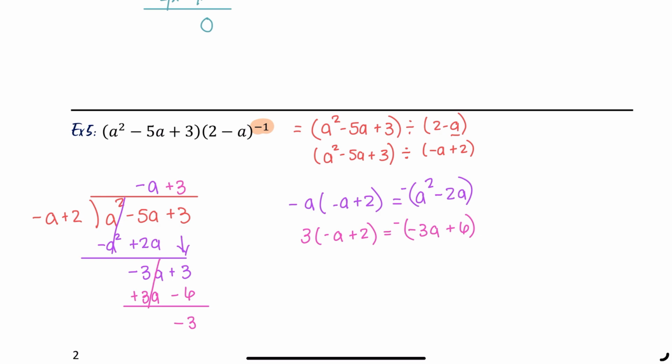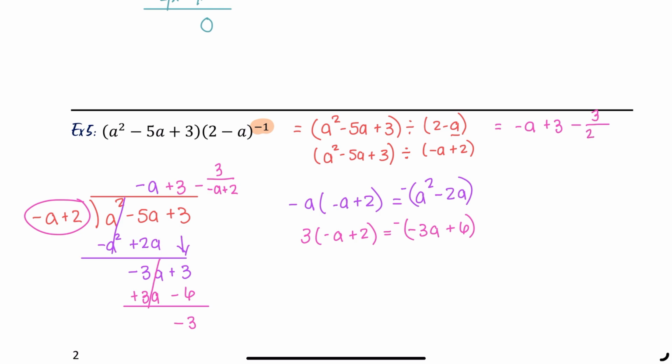Now, I don't want to write it as a remainder. What I'm going to do is write this as a fractional mixed polynomial. So I'm going to rewrite this as negative 3 over my divisor of negative a plus 2. Now, all those negatives might look a little messy, so when I go through and rewrite this answer, I'm going to write it as negative a plus 3 minus my remainder, because that 3 was negative in the end, of 3.